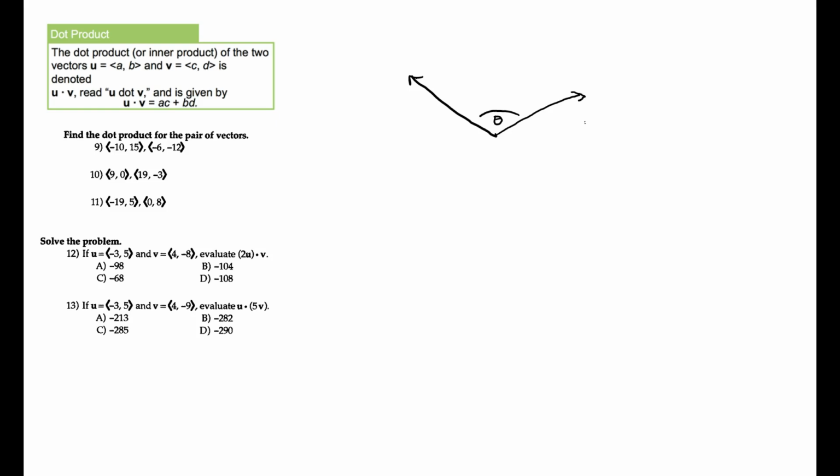So first we're going to learn about the dot product, and then in another video we'll learn about calculating angles between vectors utilizing the dot product. We're kind of learning how to crawl before we can walk. All right, so let's take a look at what the dot product is.